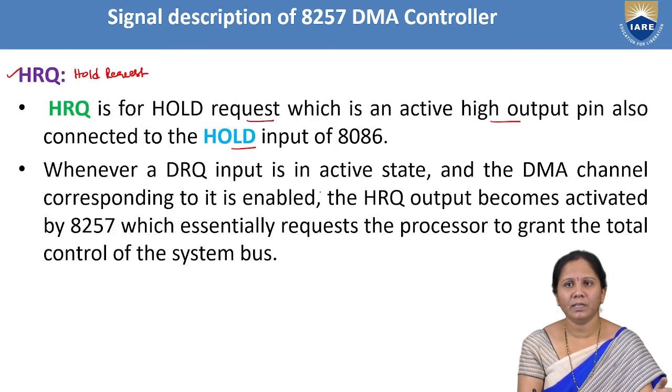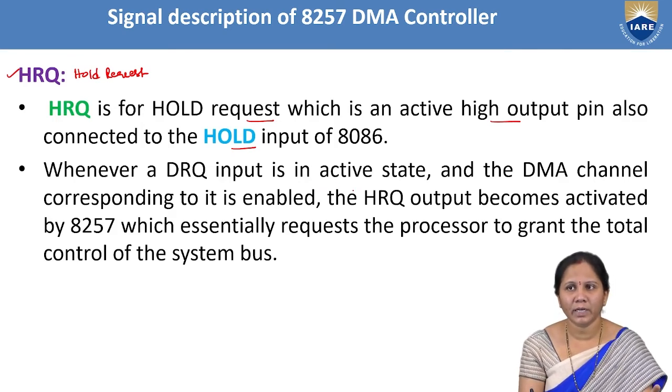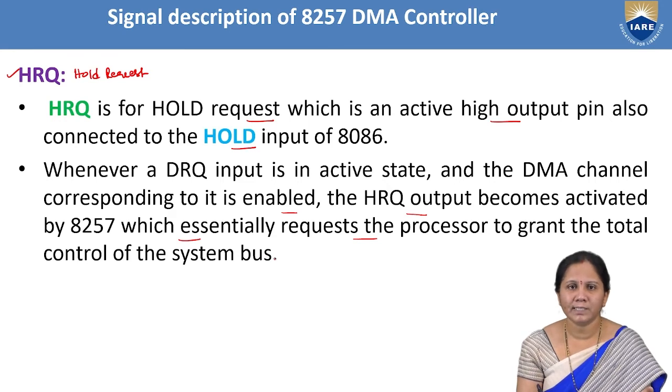Whenever the DRQ input is in an active state and the DMA channel corresponding to it is enabled, the HRQ output becomes activated by this 8257, which essentially requests the processor to grant total control of the system bus.